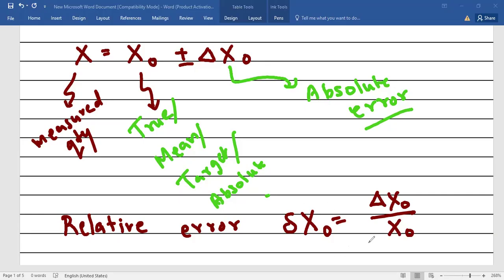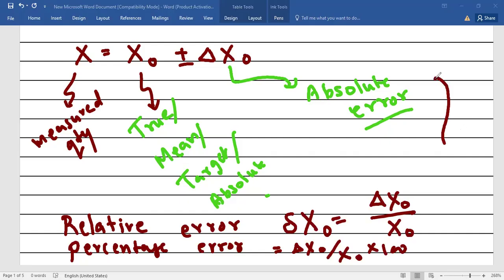This gives the relative error. If we multiply it by 100, that will give us the percentage error, that is delta x naught by x naught into 100. Now these are the three kinds of error calculation that we need to do.